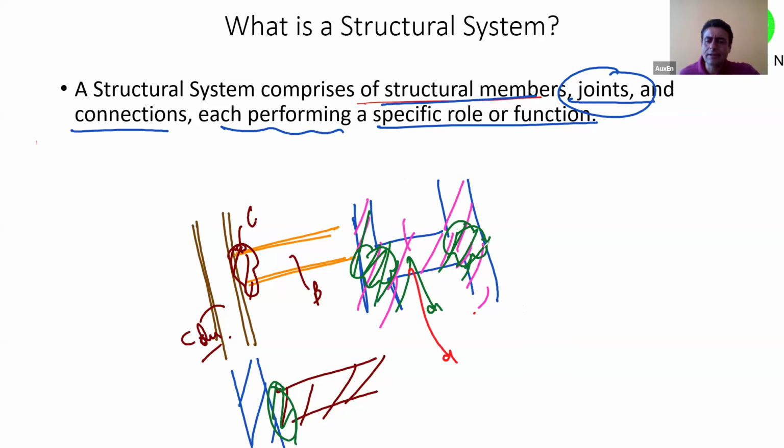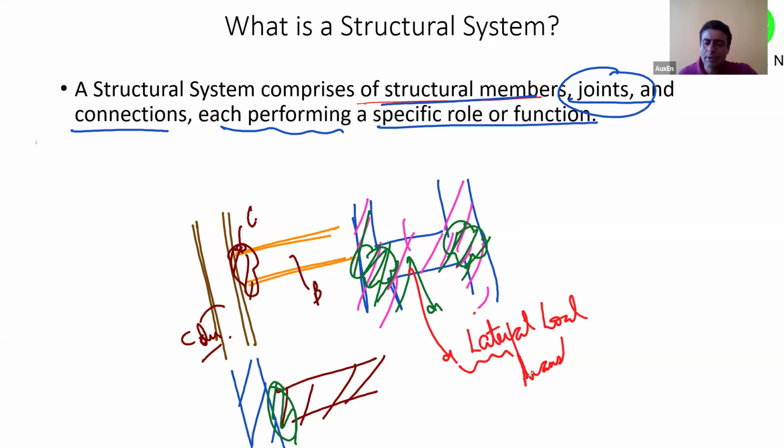In RCC, I'm talking about the beam column joint, the slab column joint, the column footing joints, or the splices that we create in reinforcements. These have a lot of importance during gravity loads or lateral loads. In RCC systems, they generally have importance in lateral load transfer.